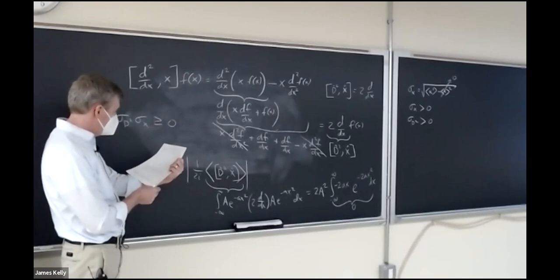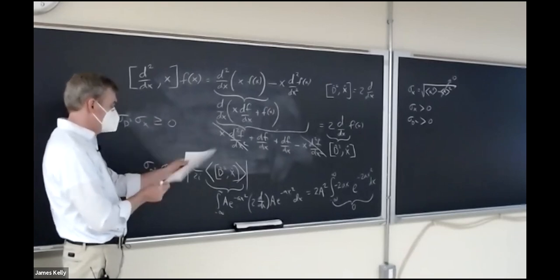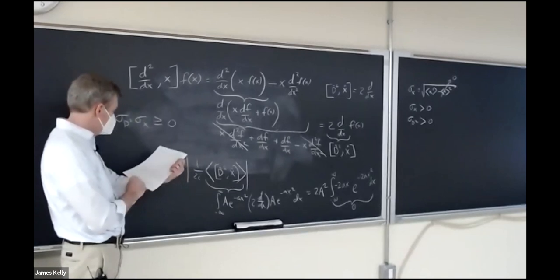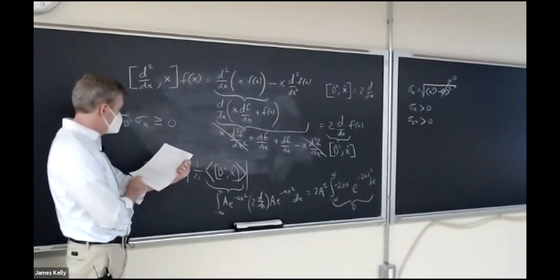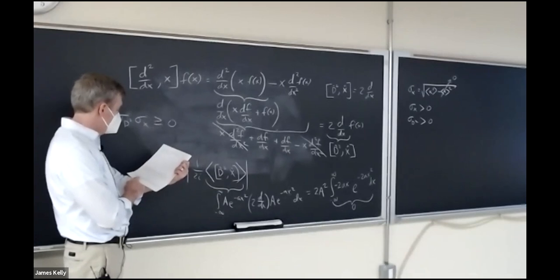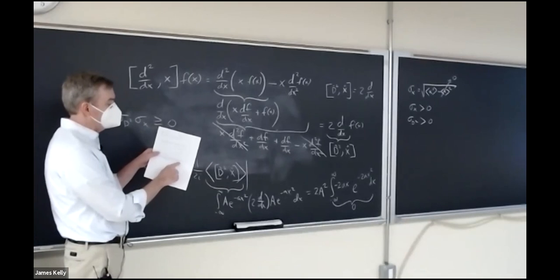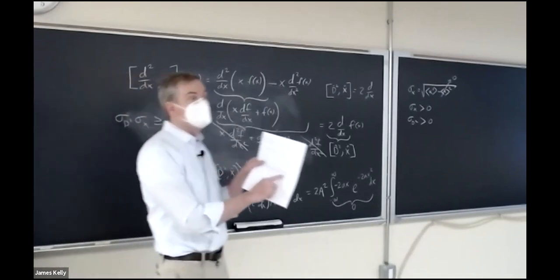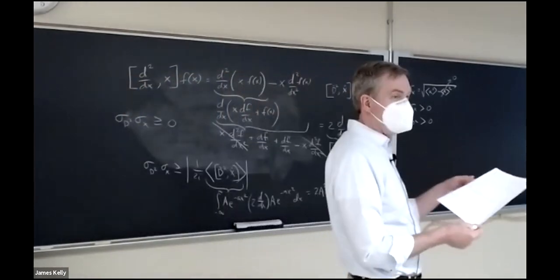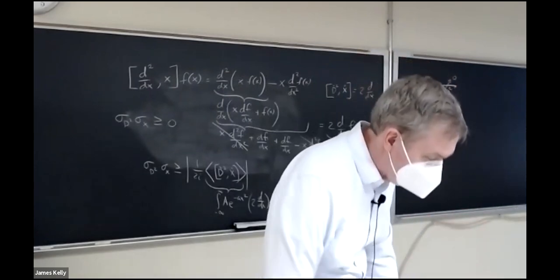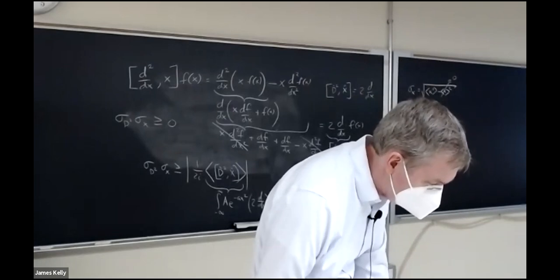It is possible to show that the answer to C, being the statement of the generalized uncertainty principle, is the same for any real normalizable differentiable function psi of x. In other words, it doesn't depend critically on the shape of this function. I can't remember if I assigned that as a homework problem, but at some point you might find yourself proving that fact. It's not too difficult to prove.